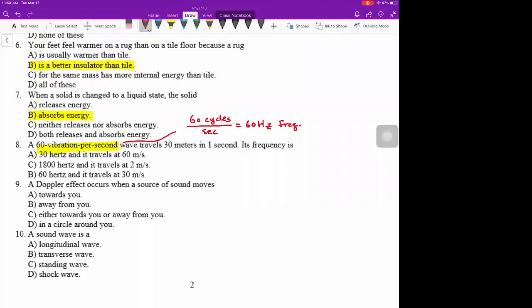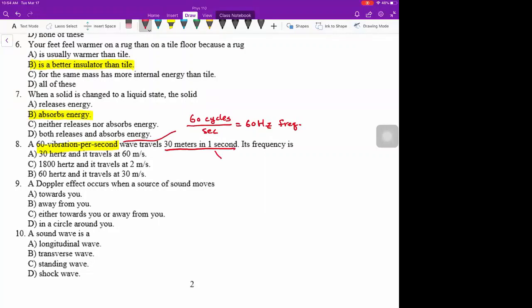It travels 30 meters in 1 second. This 30 meters in 1 second means how fast or how slow it's moving. So it actually tells you the speed of this wave is 30 meters per second. So this tells you the wave speed, and the top one tells you the frequency.